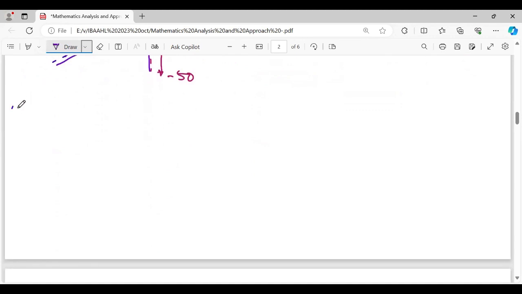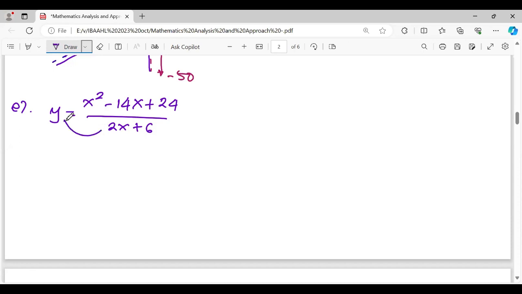Next, E. We're going to determine the range. To determine the range, as you know the equation y equals x squared minus 14x plus 24 over 2x plus 6.